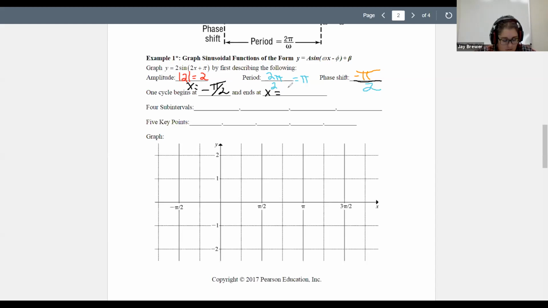X is going to equal what we just found for our phase shift, so that same formula, phi over omega, plus 2 pi over omega. So what would that end up being here?